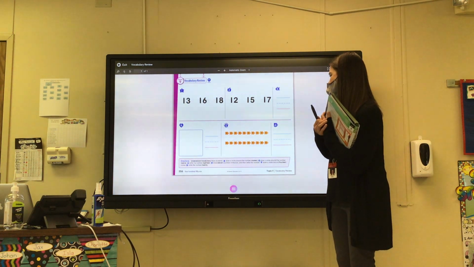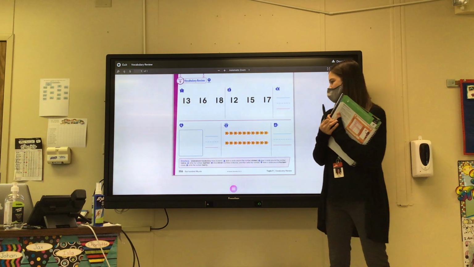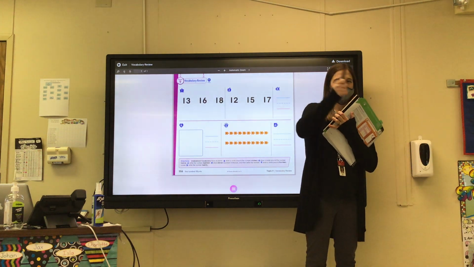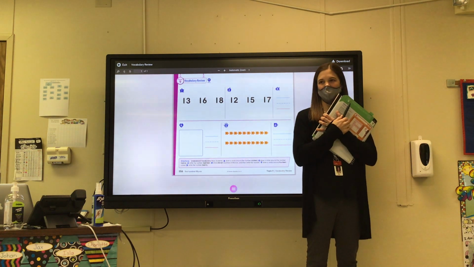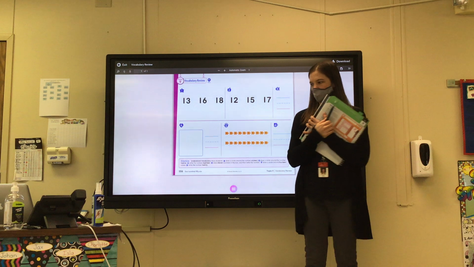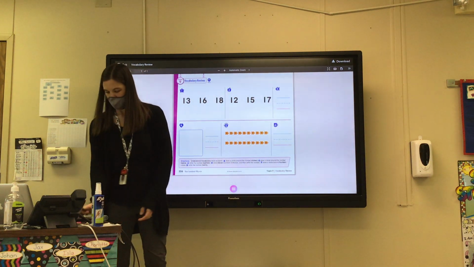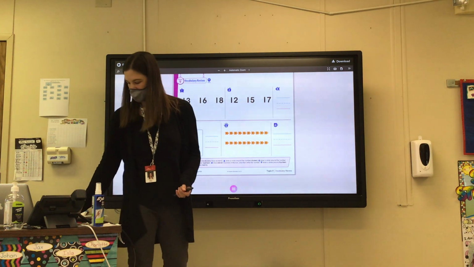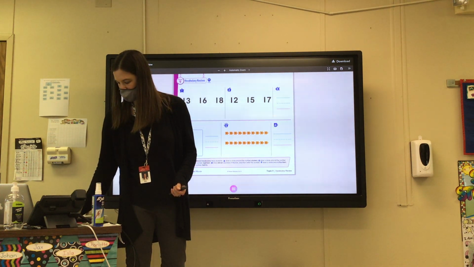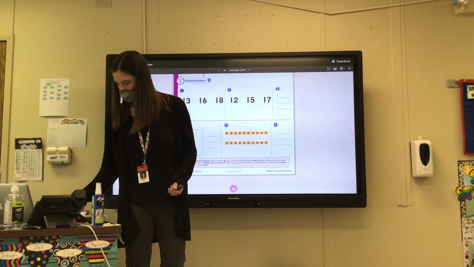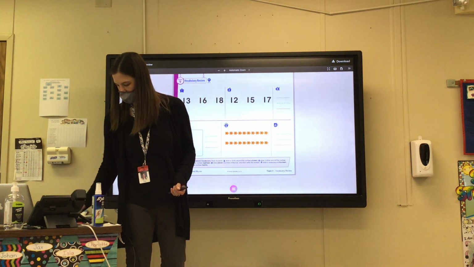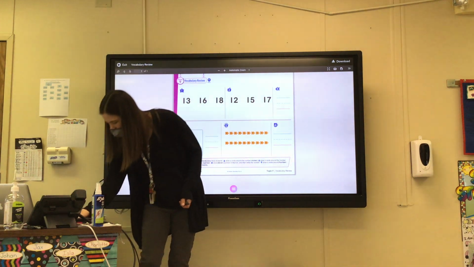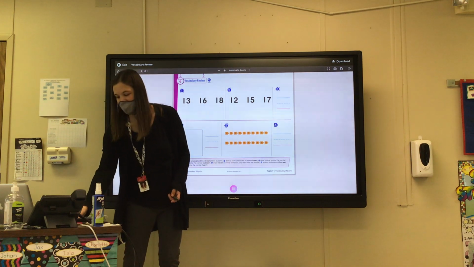Okay, for number 5, I want you to draw a circle around 14 cubes. So circle a group of 14 cubes. Wait, did you say 13? 14.